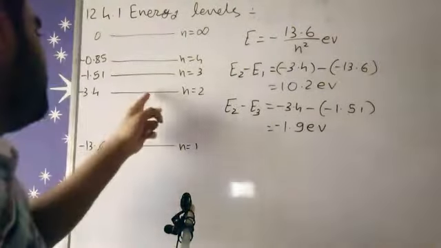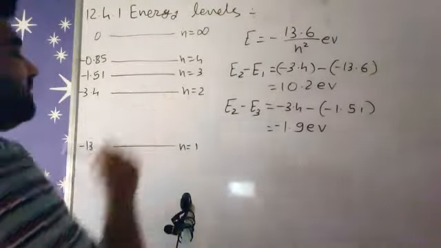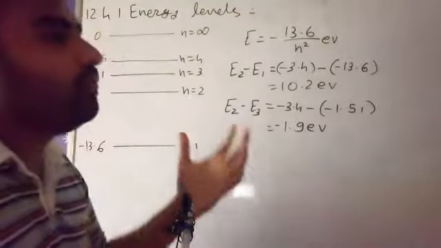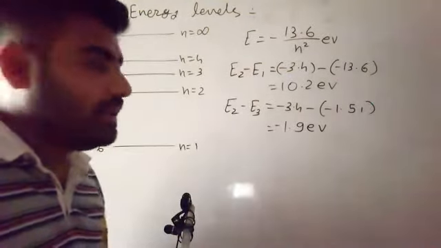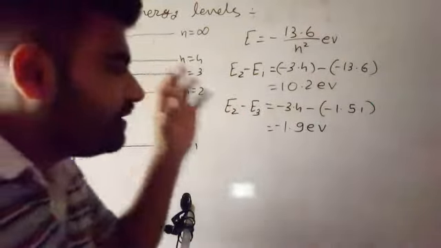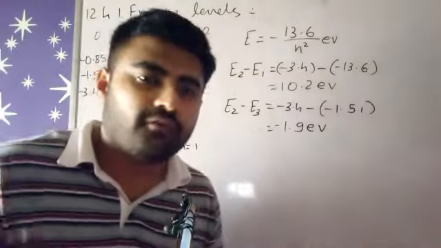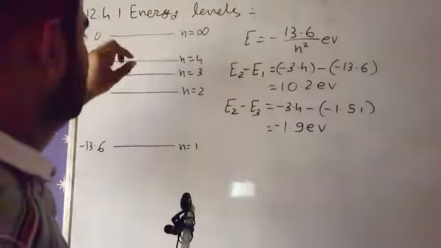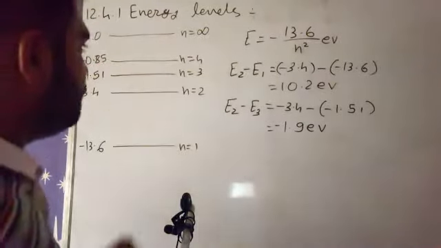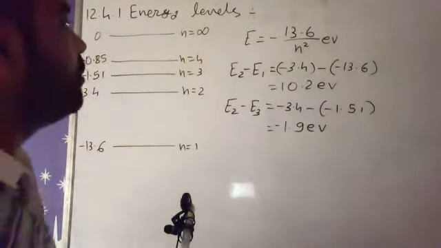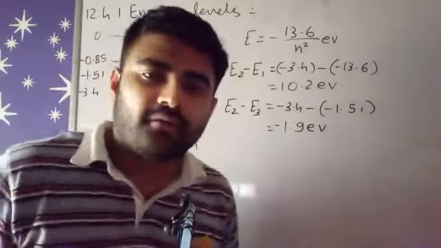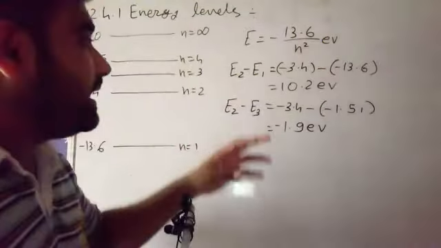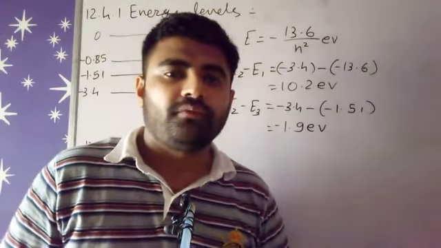If our electron is at n is equal to 2, I have to give 3.4 electron volt, and after absorbing this much energy, it will be free from all the energy levels. If I give 0.85 to the electron at that energy level, it will be free from the energy levels, right? So that's how we can get free electrons from an energy level.